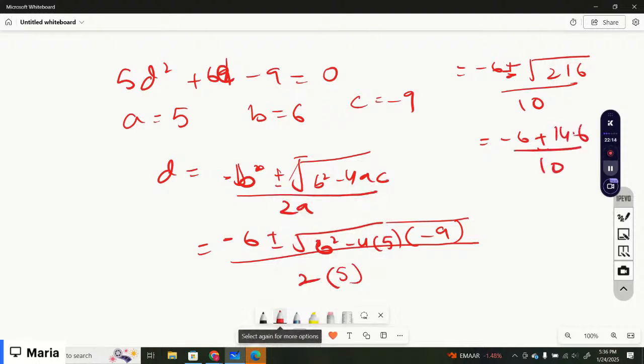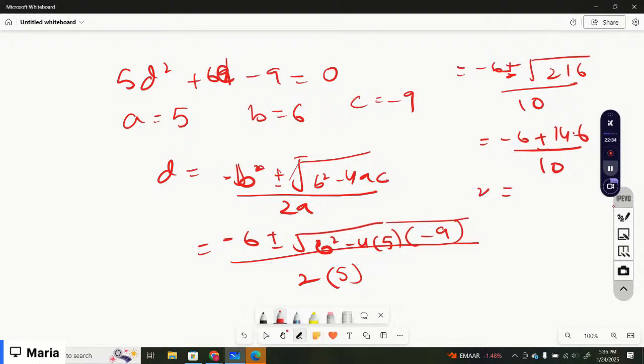So one time you have to add and one time you have to subtract. Negative 6 plus 14.6, that is 8.6 divided by 10.